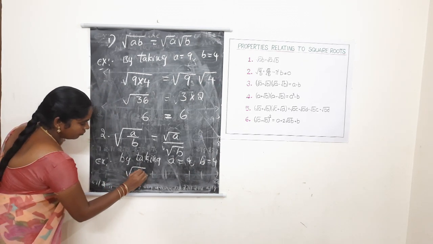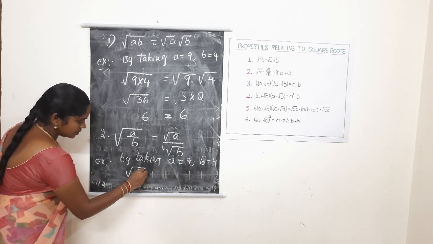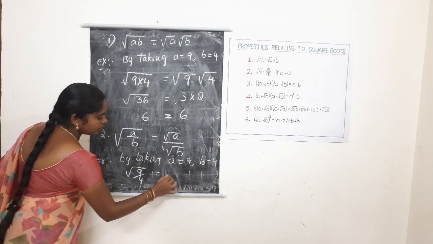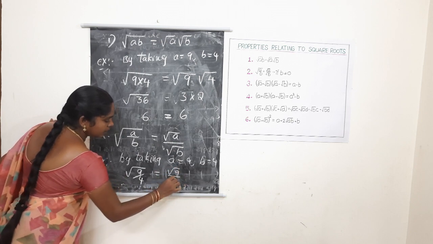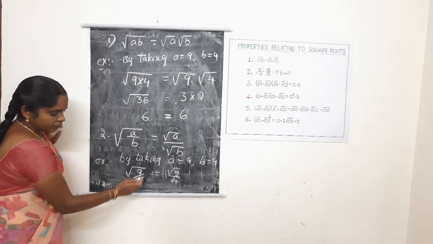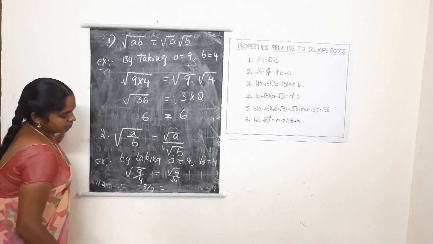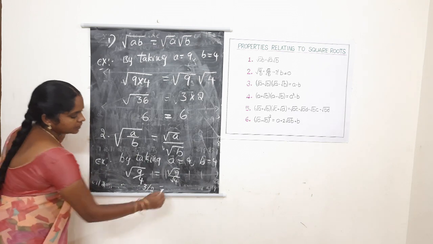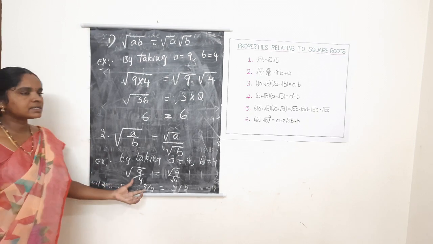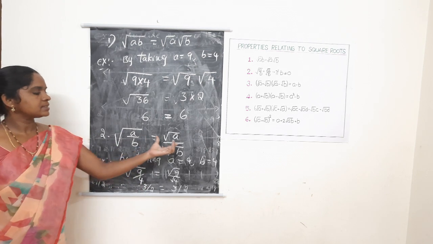Substitute these values in this property. Square root of 9 by 4 equal to square root of 9 by square root of 4. Square root of 9 by 4 is 3 by 2. Square root of 9 value is 3. Square root of 4 value is 2. So LHS equal to RHS. So that second property is satisfied.